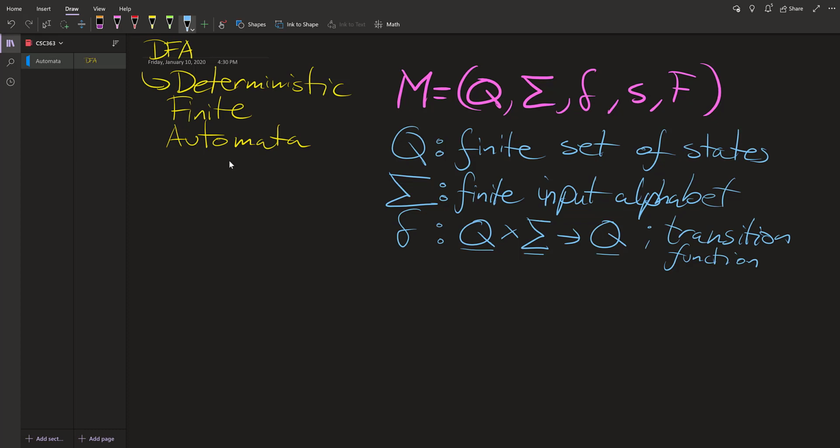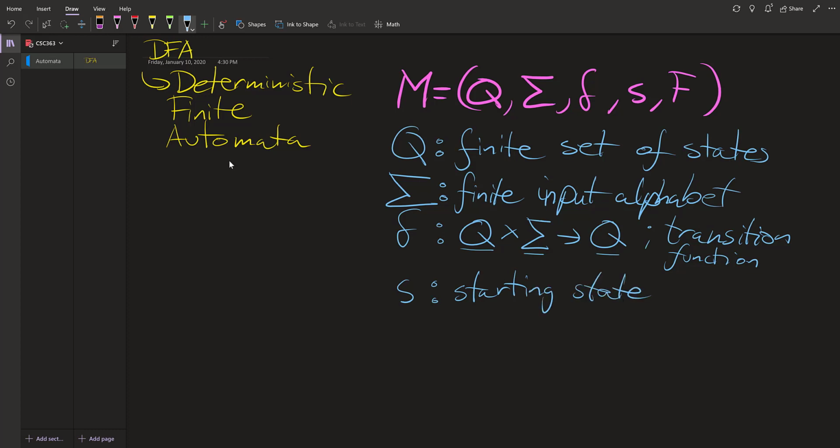Okay, and then we have S. Oh, that looks like a delta. Okay, so this S is the state we start with, the starting state.